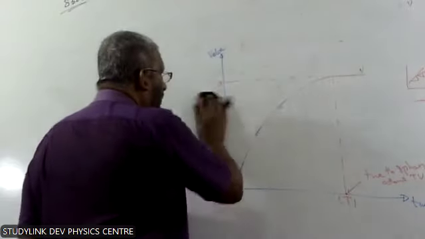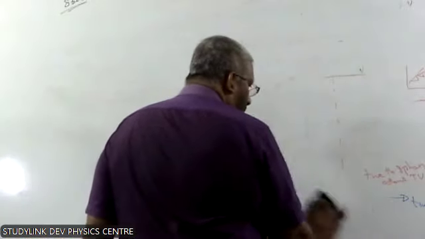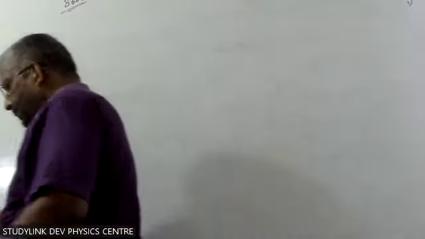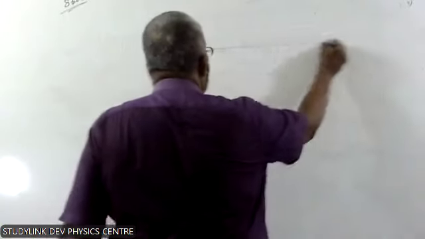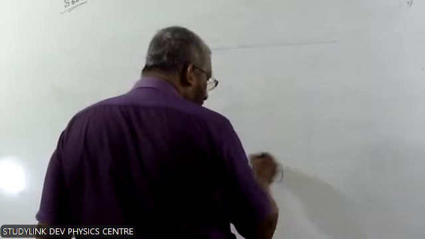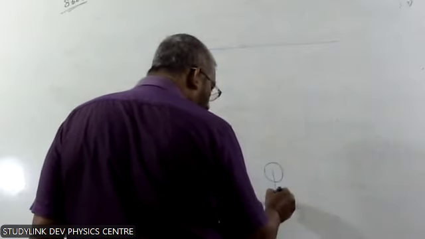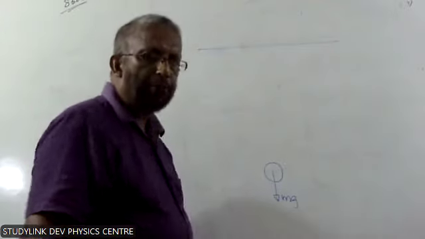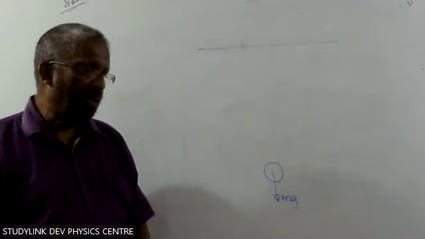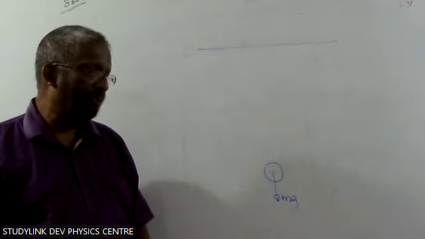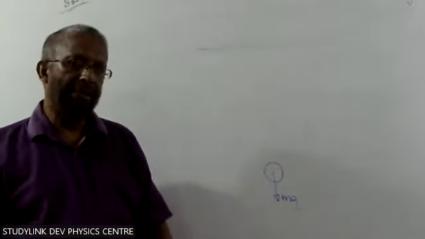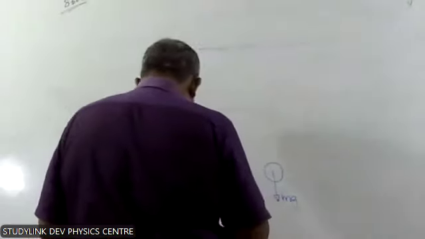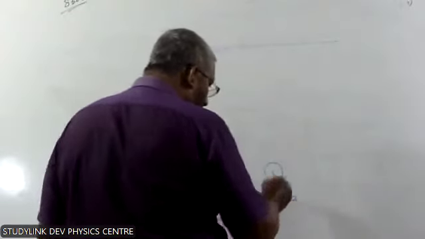Right. Now I will consider another situation where the sphere is moving vertically upwards. So this is a liquid, and inside you keep it. At the beginning you get its weight vertically down. When the sphere is moving vertically upwards in a fluid, fluid means a gas or liquid, then upthrust is acting on it.